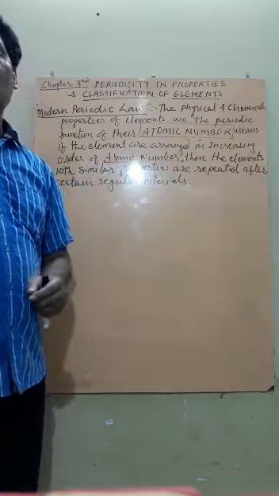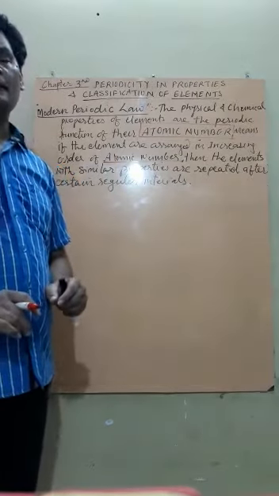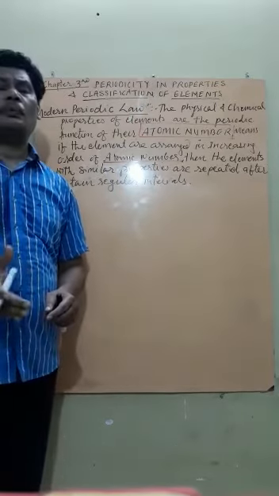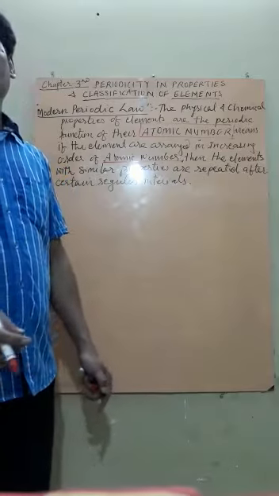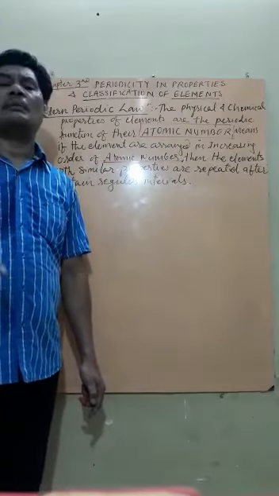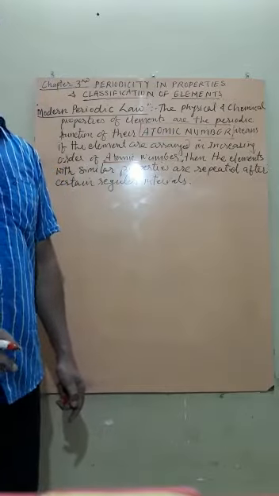This is called periodic function or periodic repetition in the properties of elements. Like in a group, the elements are placed with approximately similar physical and chemical properties.